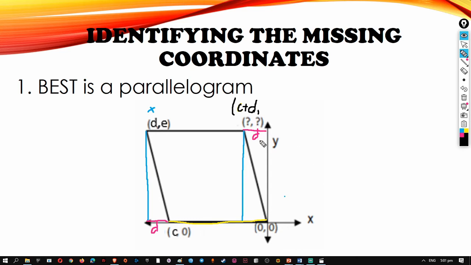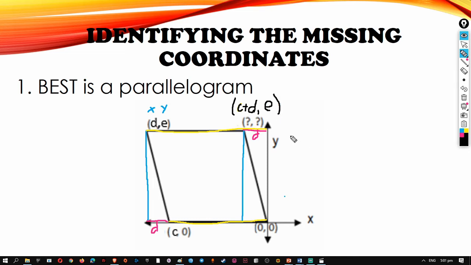Now, para sa Y naman, syempre, makikita naman natin, ha? Makita natin. Yan, katapat siya, katapat. So, kung ang Y niya ay E, ibig sabihin, this is also E. Okay, this is also E. Yan.